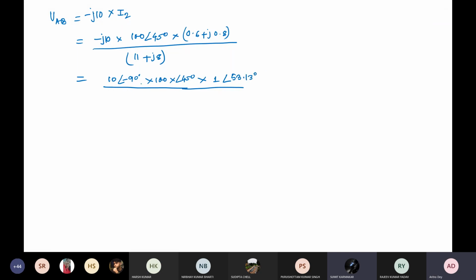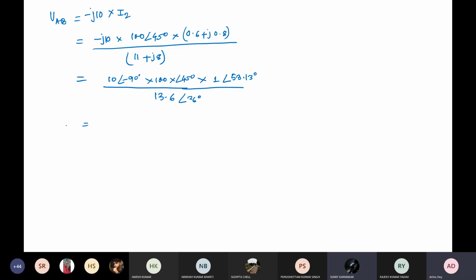So all these things will be multiplied and this is to be added up. And for the one below in the denominator, we take polar again, 11 comma 8. It is 13.6 into angle 36 degree.